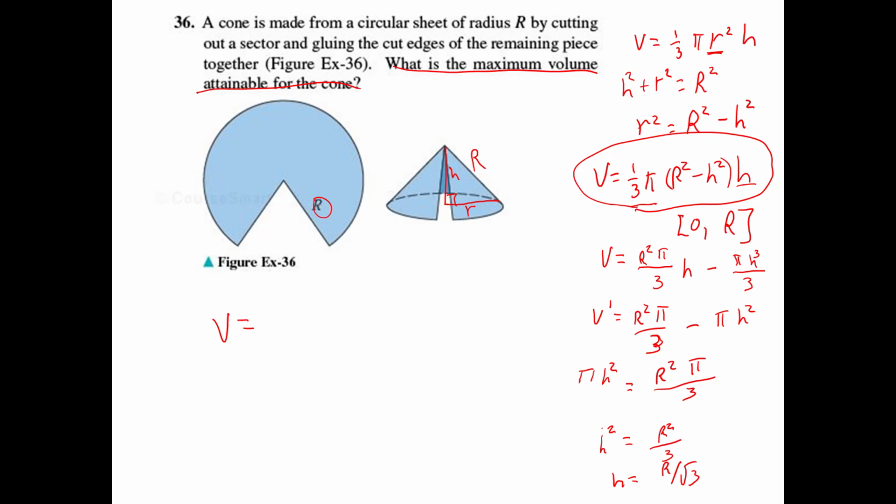Well, let's just do that right here. R squared pi over 3 times r over the square root of 3, minus pi over 3 times h cubed, r over the square root of 3 cubed.